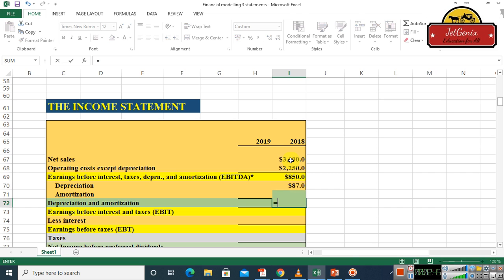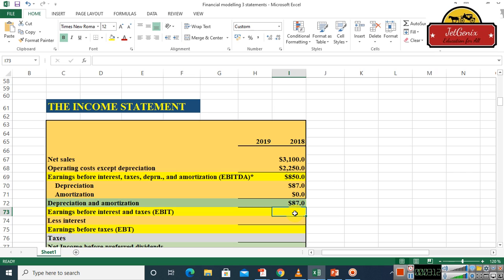So I will just type equal sum, because I'm going to calculate the depreciation and amortization, and both are the expenses, that's why I'm going to sum it. So it will be equivalent to 87 because we have amortization of $0. Okay, I just wrote here the 0. So the depreciation and amortization of this company is 87.